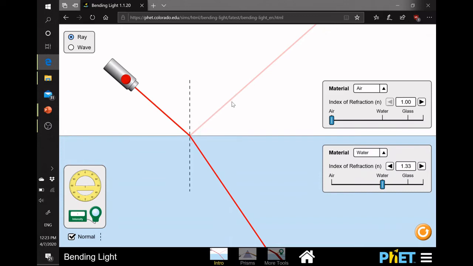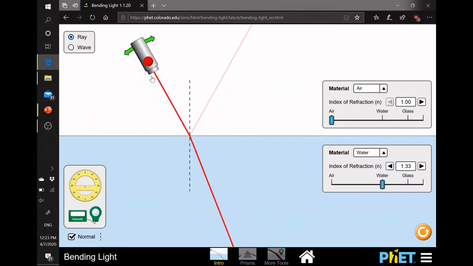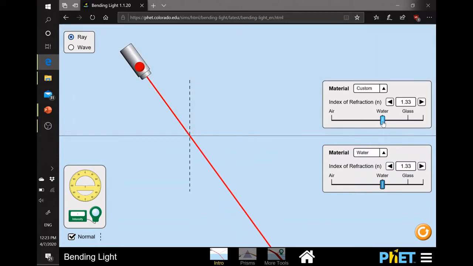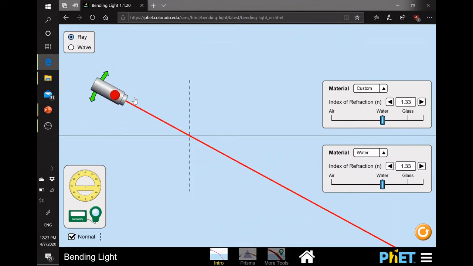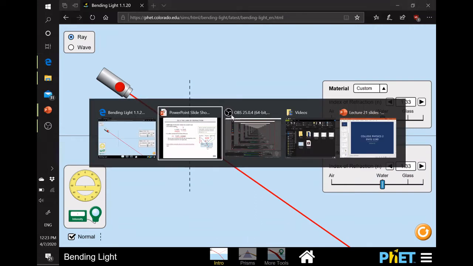Then some of it is reflected, some of it's refracted, and you can just see how the angle changes as you move the laser around. You can also change the index of refraction for each. So for instance, if I set the top and the bottom to be water, then the two materials are the same, so there's no reflection or refraction at all. In any case, it's there for you if you want to play around with it.